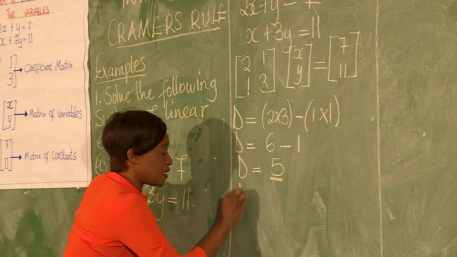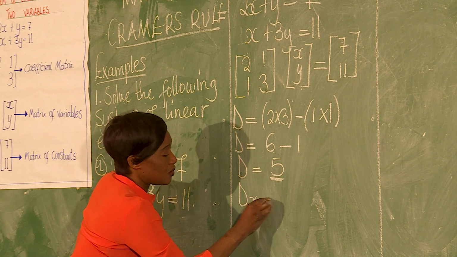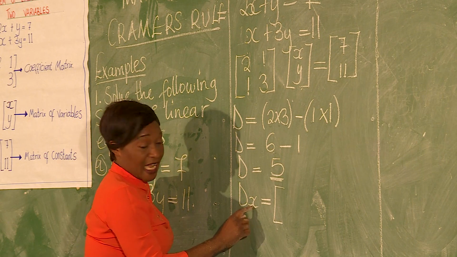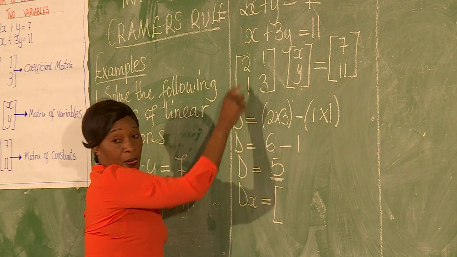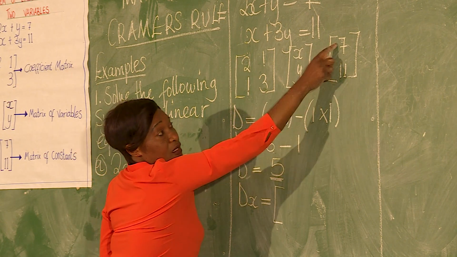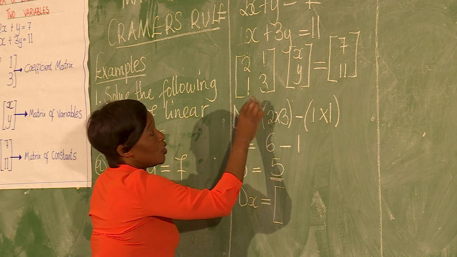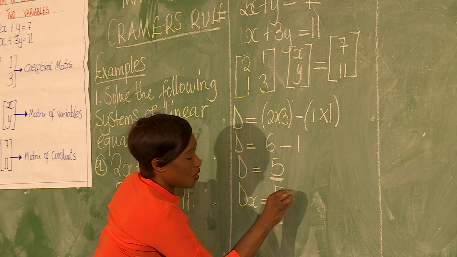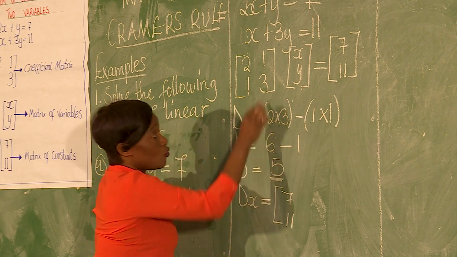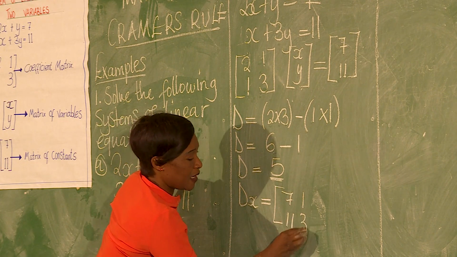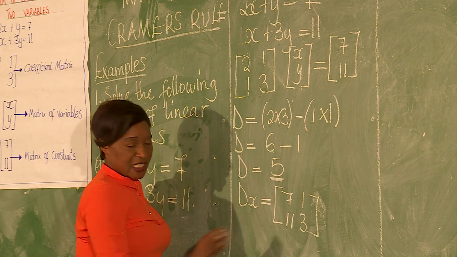So determinant of x will be equal to, remember I said because we are dealing with the x column, yes, right? We substitute the variables with the constants, okay? So here we're going to replace that by that. So this will be 7, 11, then we pick the y the way it is, right? Yes. So this will be 1, 3. So we find the determinant.